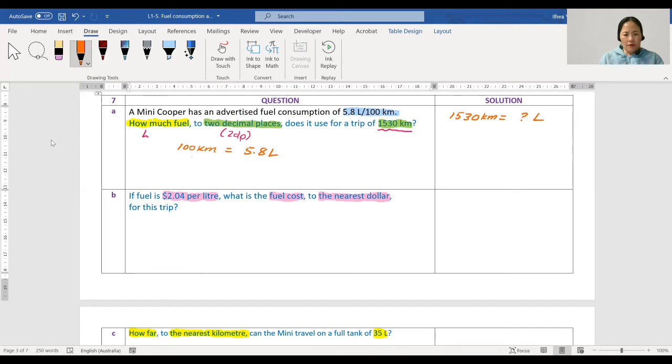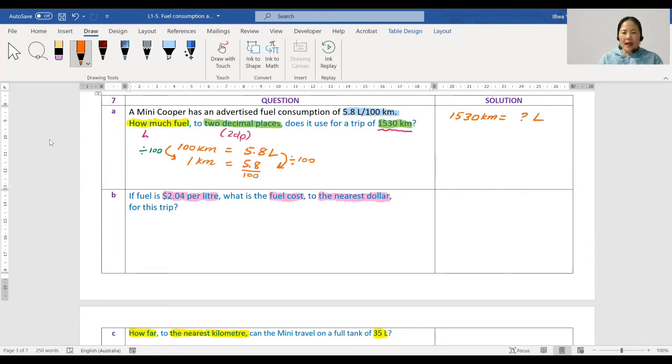So if I want to find 1 kilometer, how do we do it? From 100 kilometers to 1 kilometer, is it divide by 100? That's exactly what happened. So I will do exactly the same thing on this side because it's an equation. We haven't completed the calculation, so don't put this 5.8 over 100 into the calculator yet.